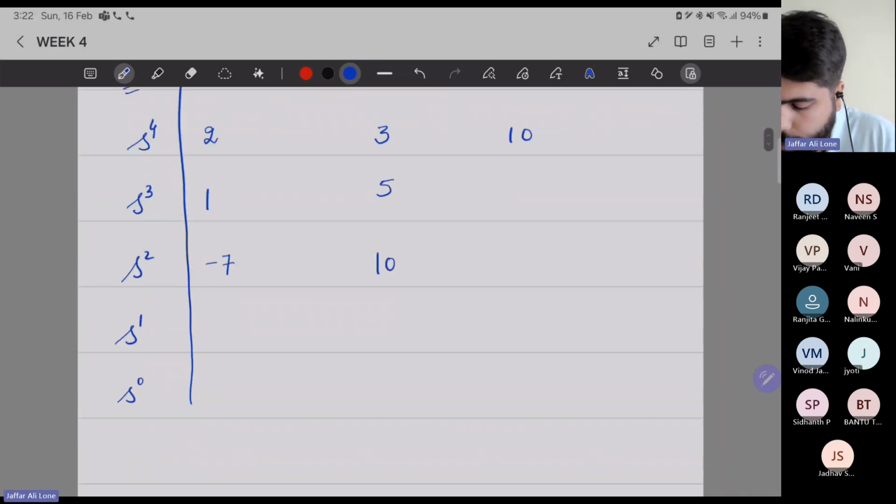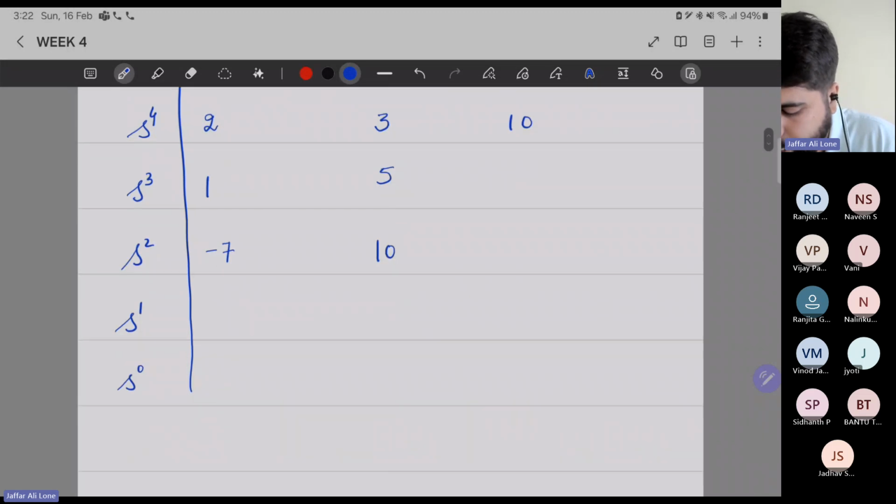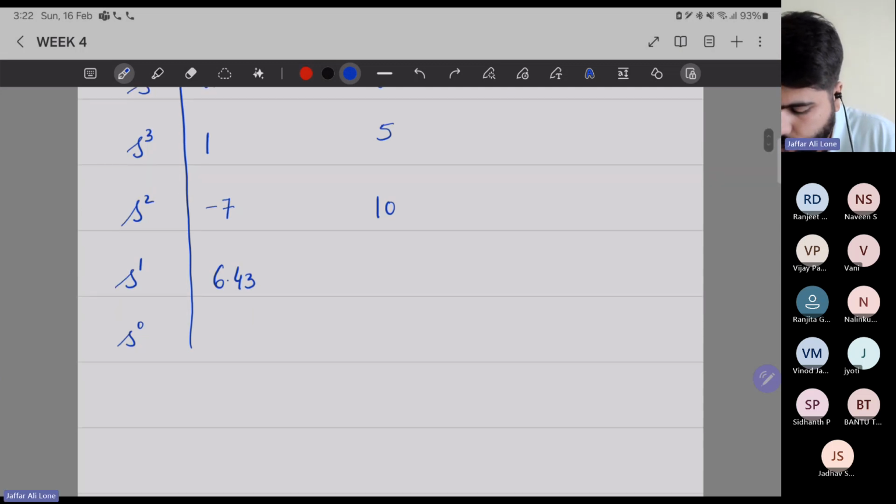Now we have to populate S1. It will be (minus 7 into 5 minus 1 into 10) divided by minus 7, roughly 6.43. Then S0 will be 6.43 into 10 divided by 6.43, so it will be 10.